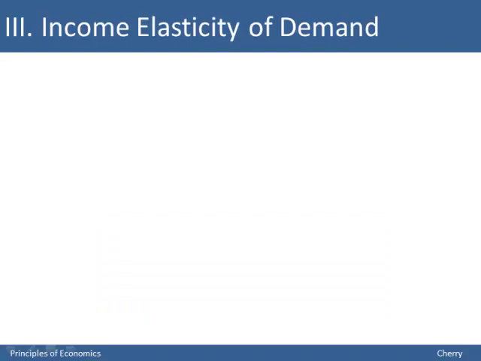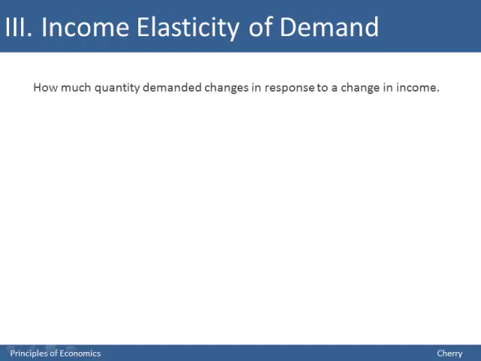All right, now we're going to move to income elasticity of demand. And we're going to go a bit more quickly through this because it's going to be similar to the price elasticity of demand. The only difference is we're looking at income instead of prices. So here we're looking at how much quantity demanded changes in response to a change in income.